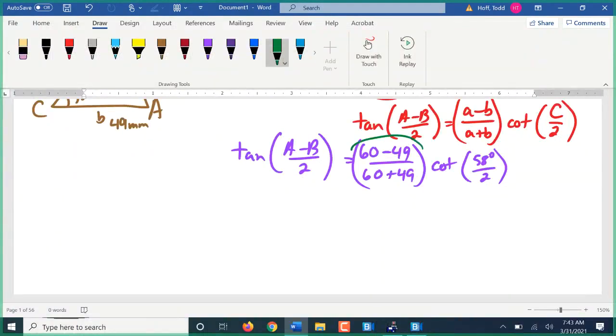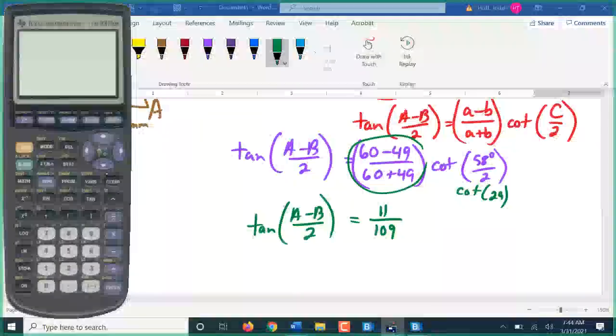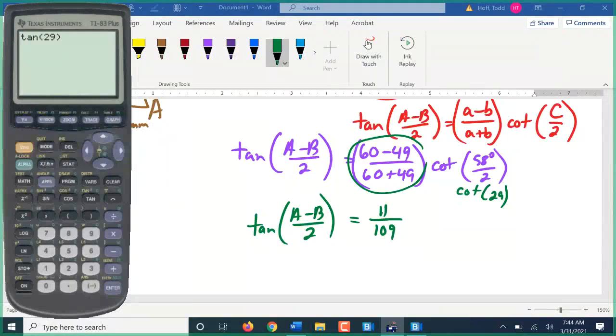First of all, 60 minus 49 is 11, and 60 plus 49 is 109. Cotangent of 58 over 2, well, that's cotangent of 29, right? I do tangent of 29, and then I do the reciprocal outside the parentheses. So 1.1272.